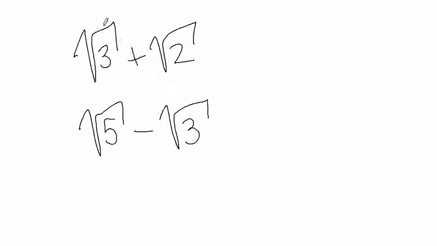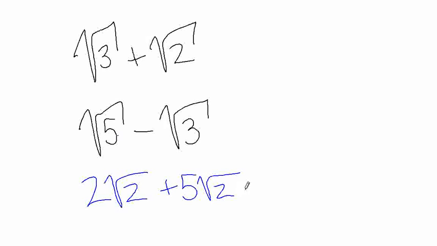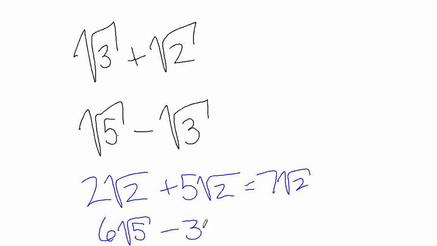On the other hand, you could add together the expressions 2 root 2 and 5 root 2. That would give 7 root 2. Or 6 root 5 minus 3 root 5, that would give 3 root 5.